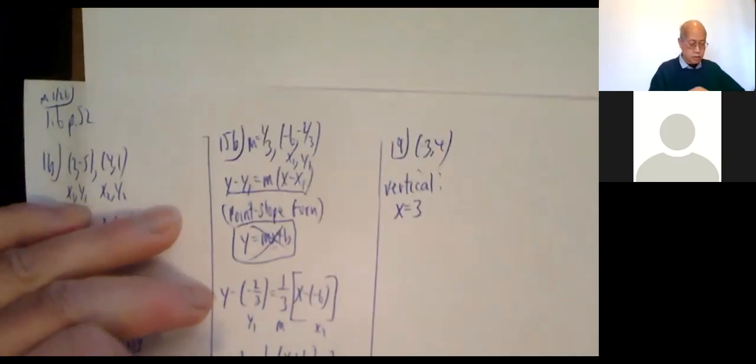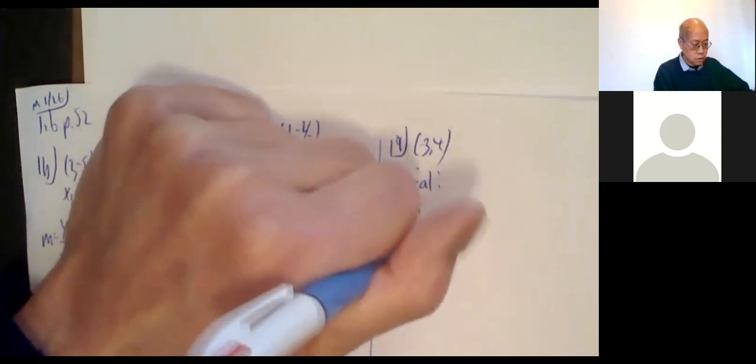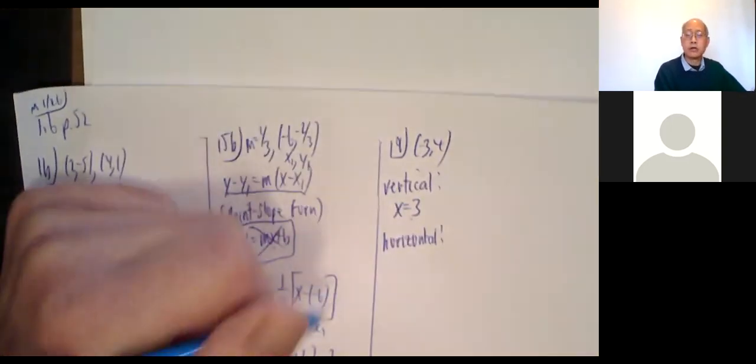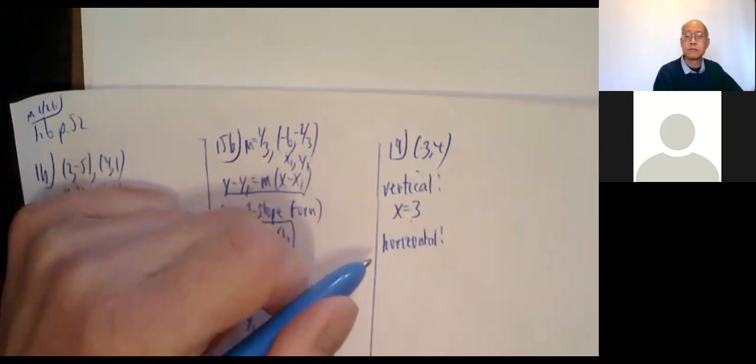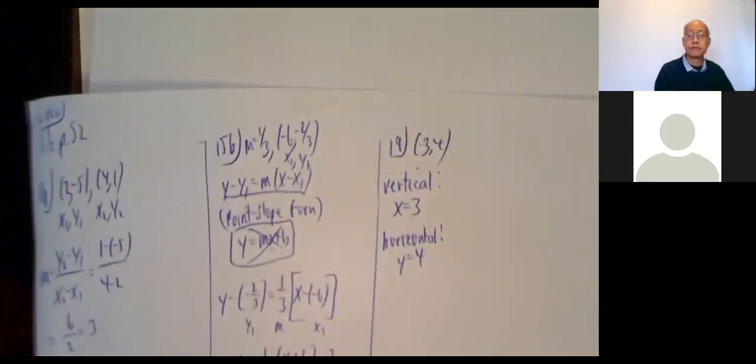X equals something. And paper starting to curl on me. Vertical line, x equals -3. Can you guess the horizontal line? Y equals 4.